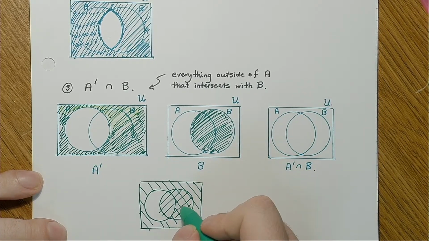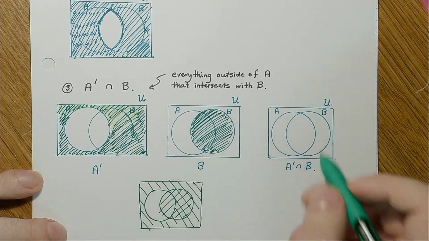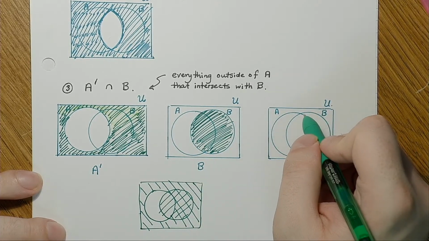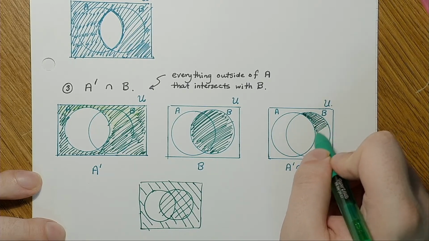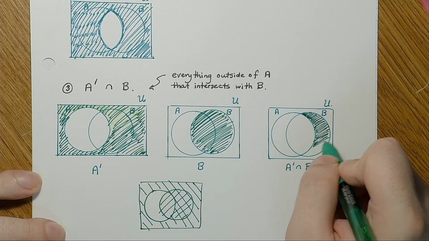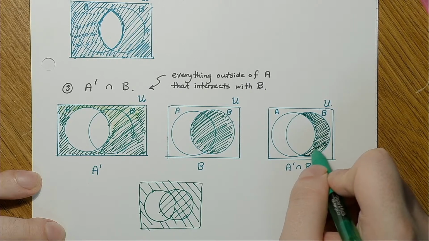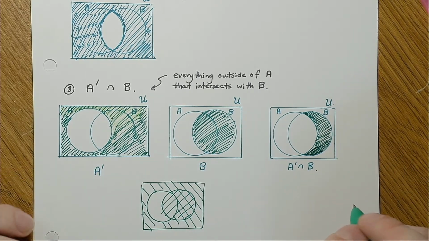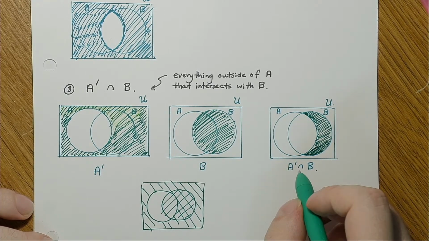And the section where it overlaps is that crescent moon shape here with the B. So what do I fill in? It's just this part right here. And so there's the Venn diagram for A complement intersect B.